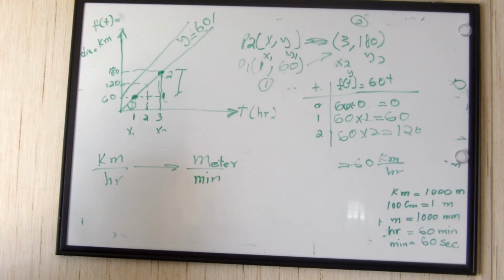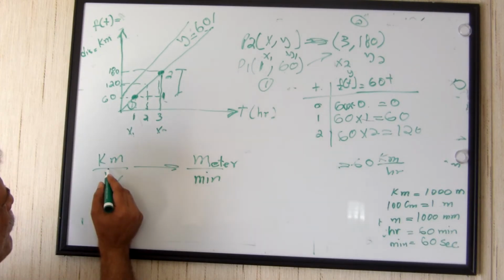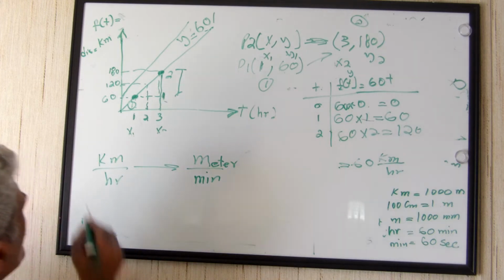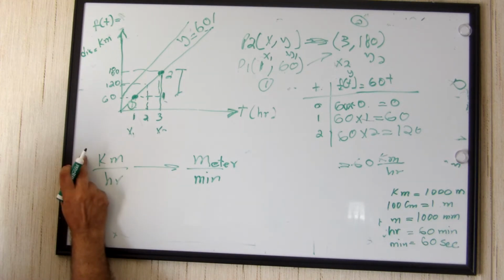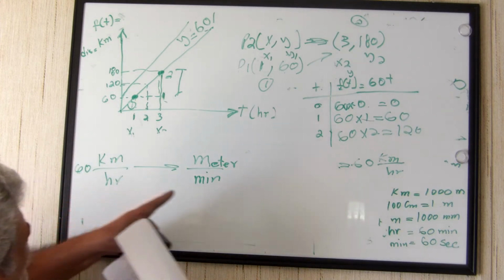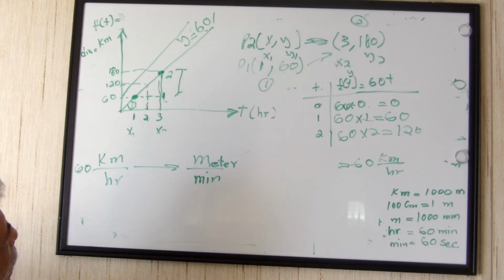So what are you going to do? Every hour is going to go. For example, in this example it is 60 kilometers per hour. We want to change it to meter per minute. How many meters in a minute?